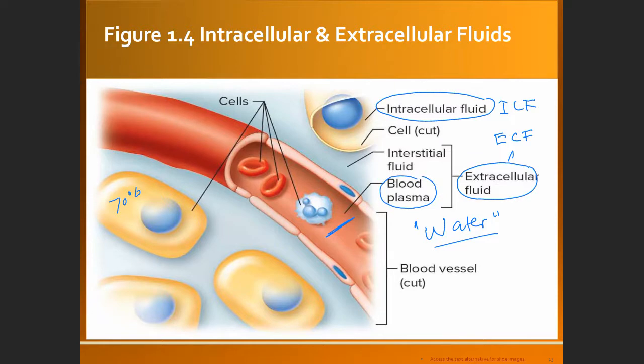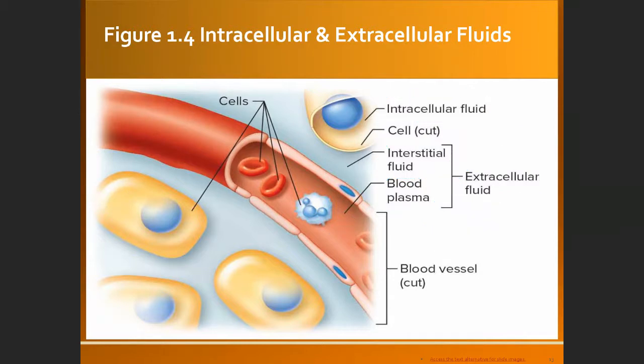If it is just between the cells in the organ, then that fluid is called the interstitial fluid. So ECF, extracellular fluid, can be interstitial fluid, or blood plasma if it is in the blood vessel.